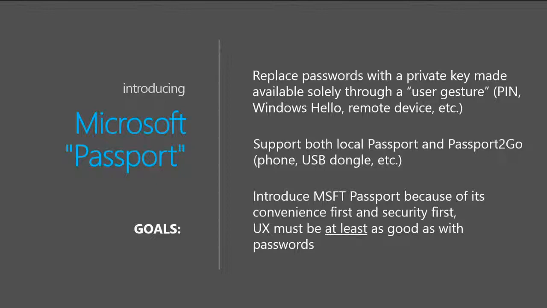User gestures are biometrics, our Windows Hello, or PIN. So when a user types their PIN or looks into the camera and smiles, we are able to give ourselves access to the keys, and we'll take the private key of this user and authenticate this user against the server.